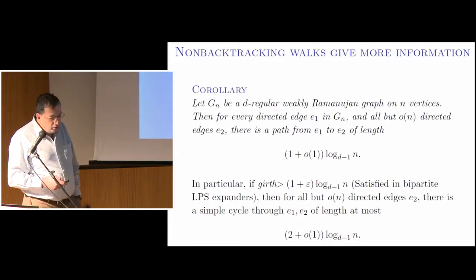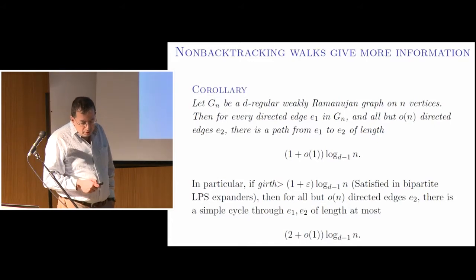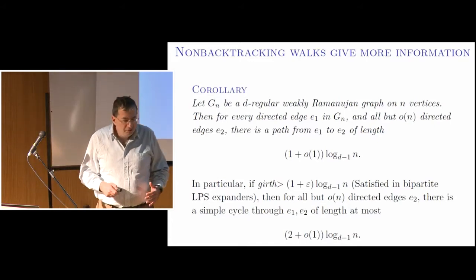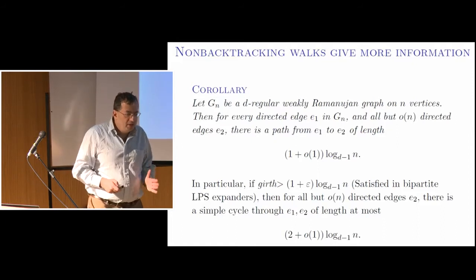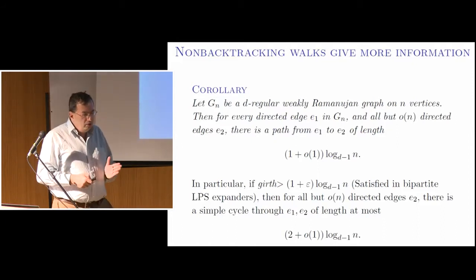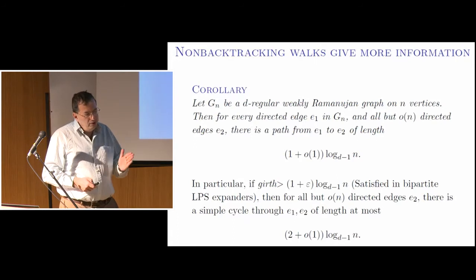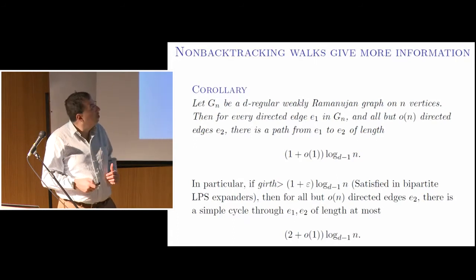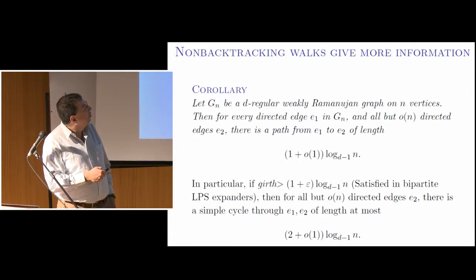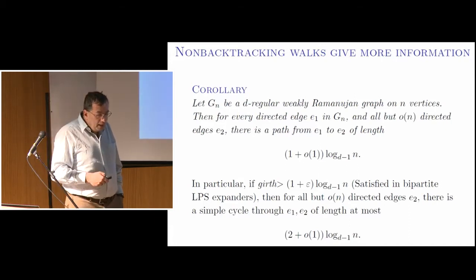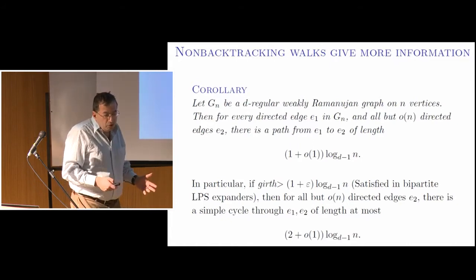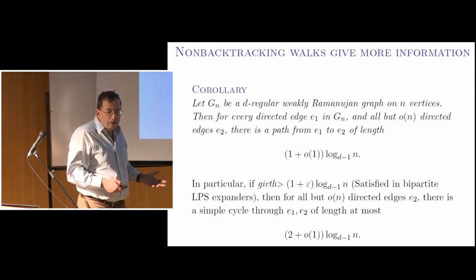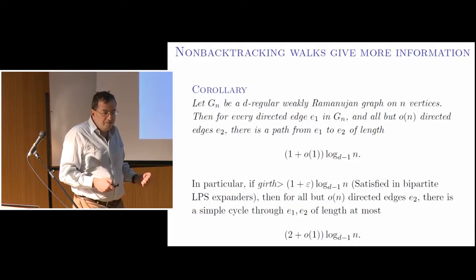Now, the non-backtracking approach that we use gives you some additional information. So not only for any two vertices, but for any two directed edges, you can find a path that takes you from one directed edge to the other and has length log base d minus 1 of n. And just to give you an example of how that can be used, suppose your graph has high girth, like the bipartite Lubotzky-Phillips-Sarnak graph.